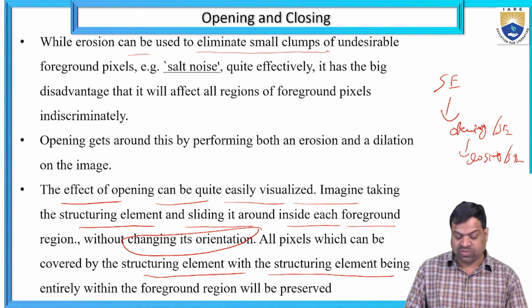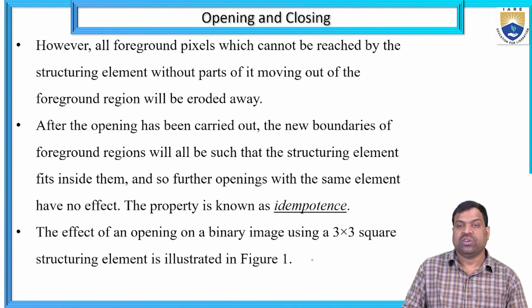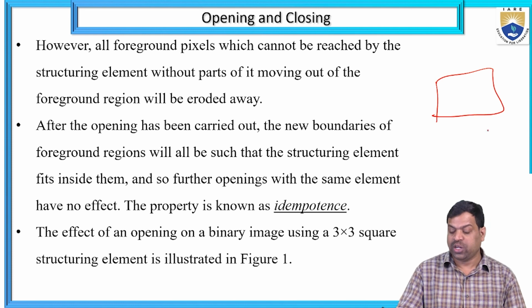The pixels which can be covered by the structuring element, with the structuring element being entirely within the foreground region, will be preserved. However, all foreground pixels of the image reached by the structuring element with parts moving out of the foreground region will be eroded away.